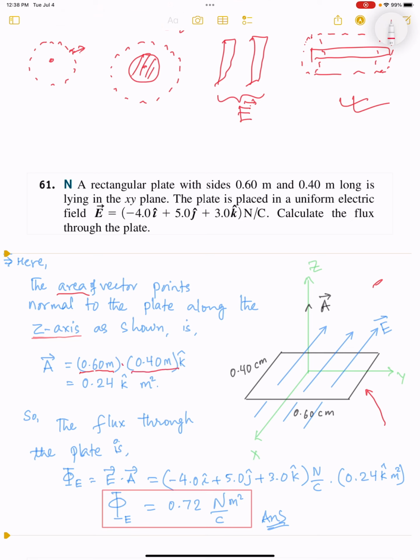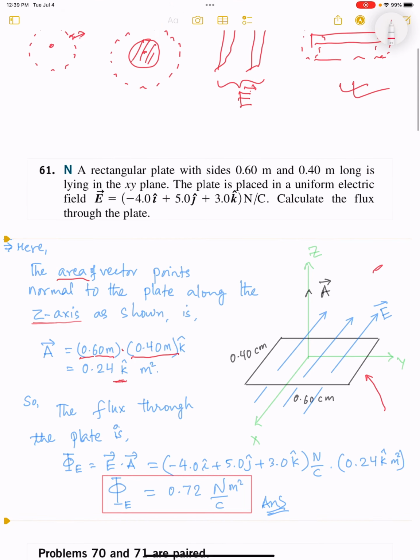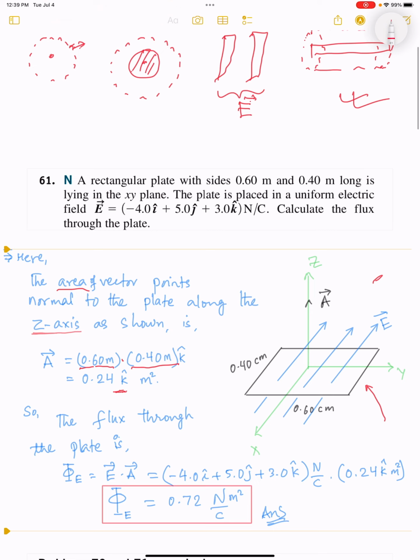If you want to write this in vector form, it will be directed along the z-axis. That's why this is the k vector, the unit vector along the z-axis. So altogether it will be 0.24 meter square along the z-axis.